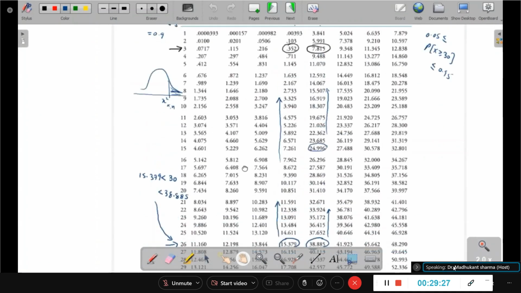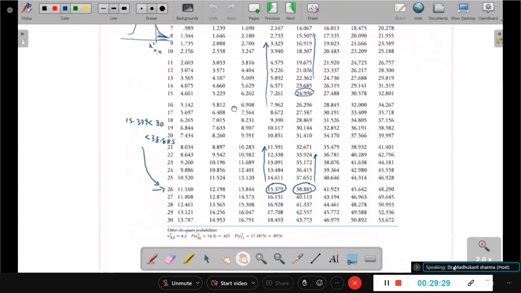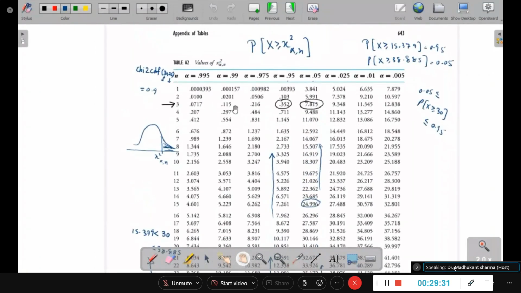And why till 30? I will let you know why later. Here some of the alpha values have been given. Some textbooks have more alpha values, that is, more columns. But right now we have to work with the table we have.